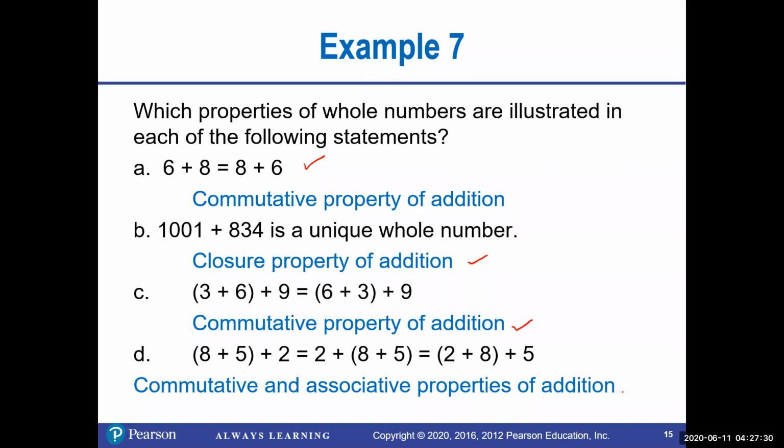And if you look right here, we have two properties, commutative and associative. Okay, so here, this is the first part. The first part gives you the commutative, and the second side of it gives you the associative. Looking at this and that. Okay.